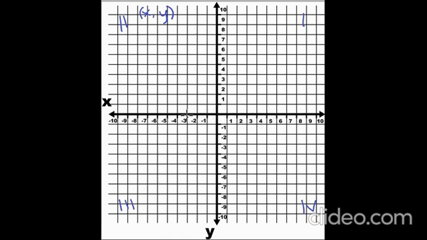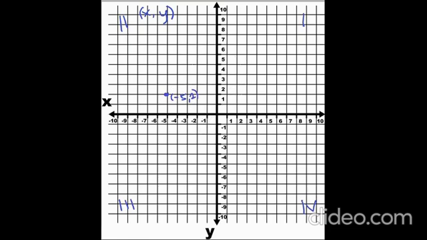So from 0, 1, 2, 3, 4, 5 to the left. And then positive 2 is our y, so 1, 2. The point is here: negative 5 and positive 2.